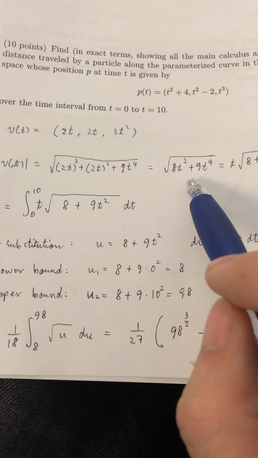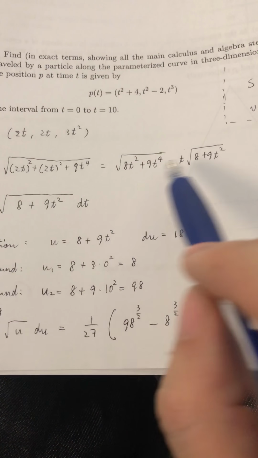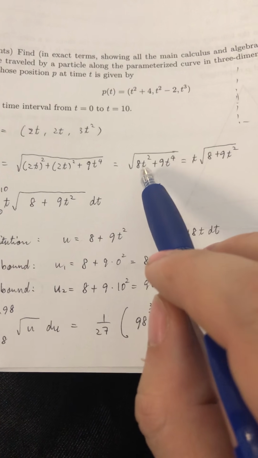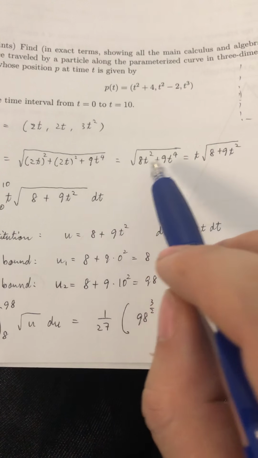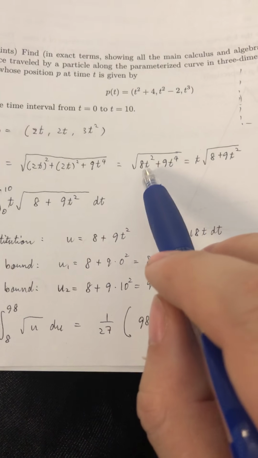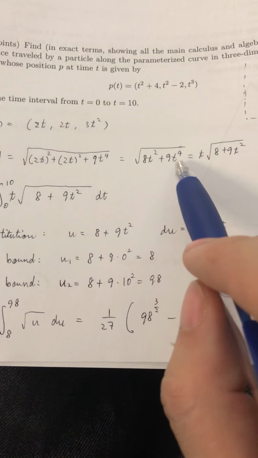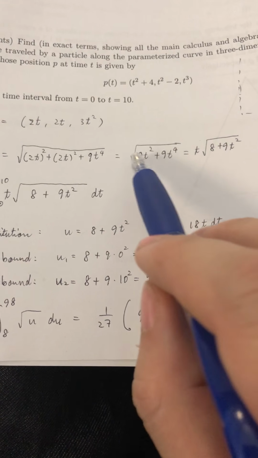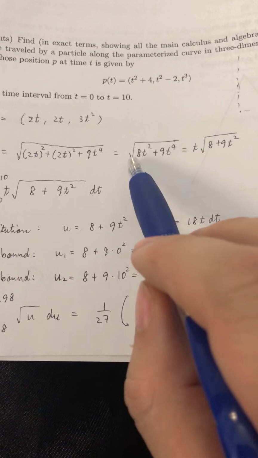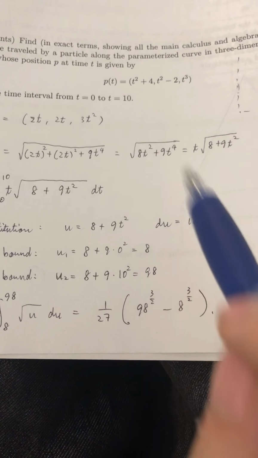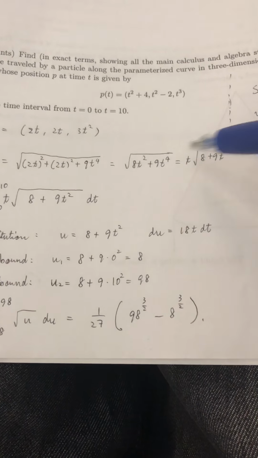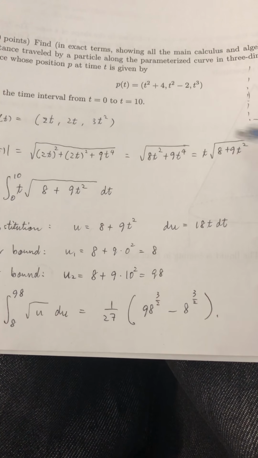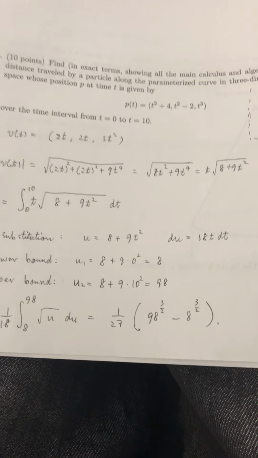You simplify, it becomes this, and from here to here, what I did is factoring out the t squared in both of those two terms. Both terms have a common factor, t squared. I factored it out and then took the square root, and that t squared becomes t. Try to do this simple algebra and you will see what I mean.